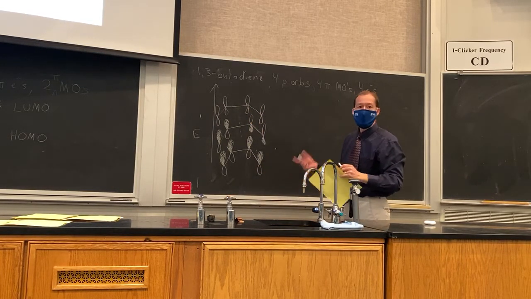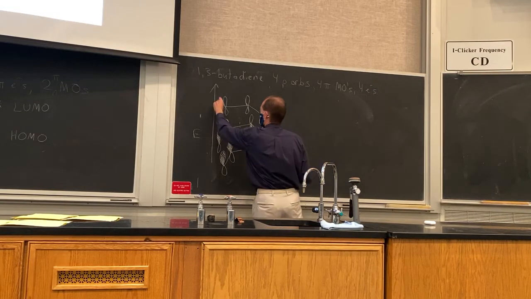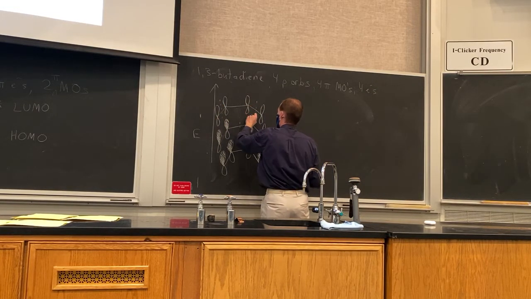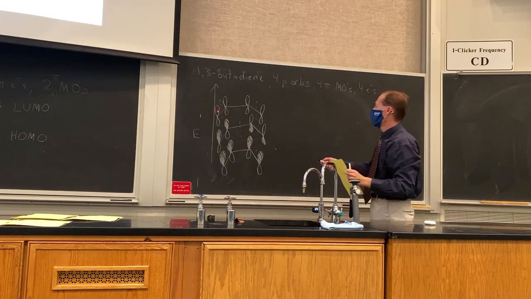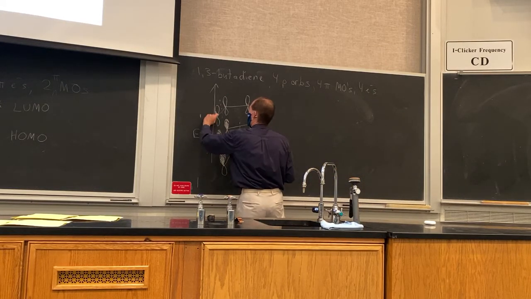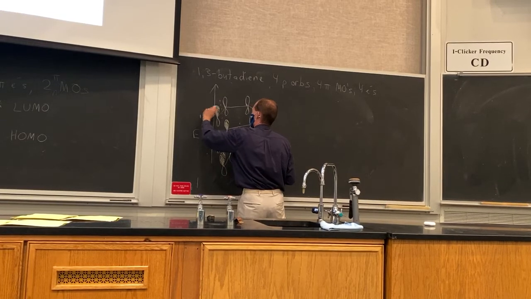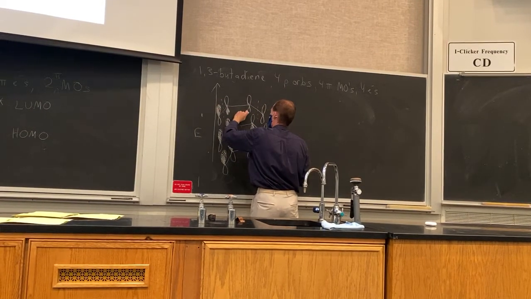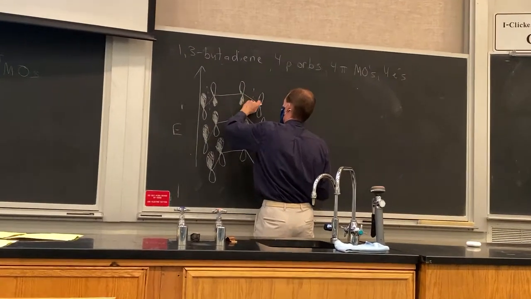This one will have 2 nodes. And so we'll put those nodes here and here. So for the shading, I'll draw it up, down, down, and up.